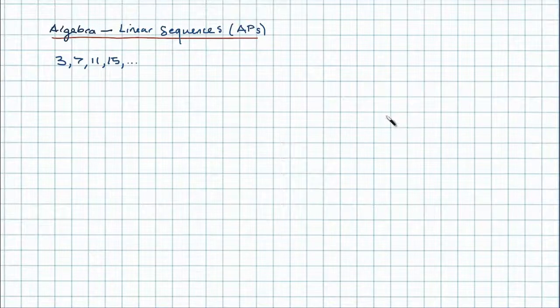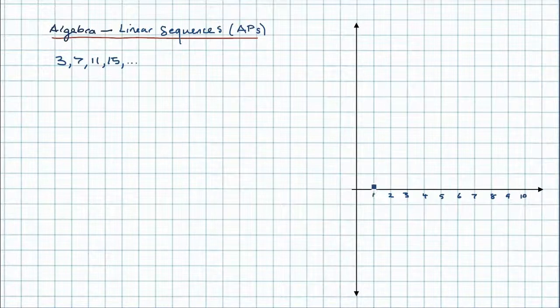So I'm going to just draw some axes over here, and the way to plot this is slightly different to the normal x-y axes that we have, and I'll show you what I mean. If we say along here we're going to have, conventionally, 1, 2, 3, 4, 5, 6, 7, 8, 9, 10.